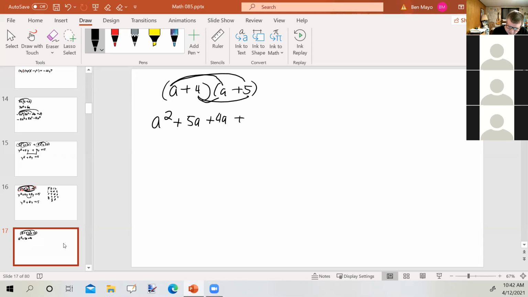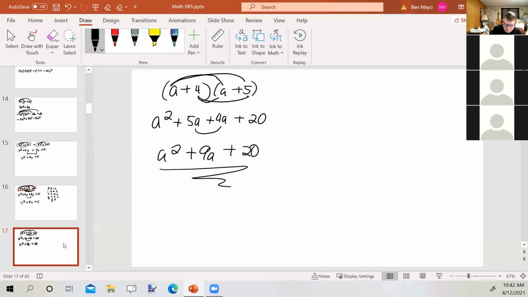And the last ones, 4 times 5 is 20. Then combining like terms, a squared plus 9a plus 20. So there's our resulting product. Again, any questions on the process?